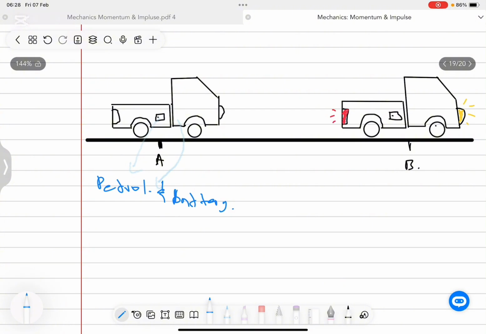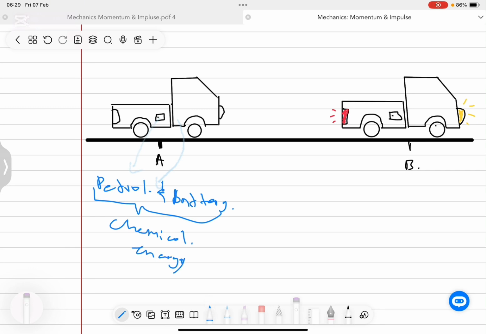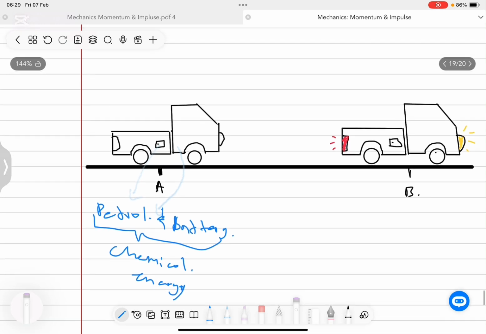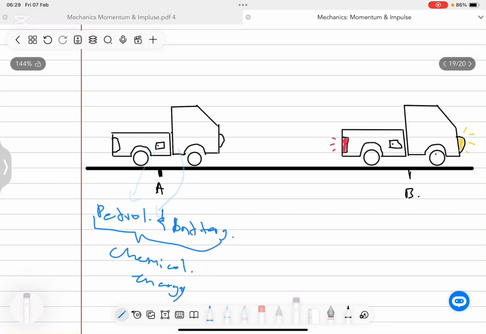This means that we actually have what we call chemical energy from the petrol and the battery. It is stored inside the tank and inside that battery, the chemical energy. When the car is switched on, a couple of things will happen. It will start making sound and it will also move, because now it is on, and then goes to point B.